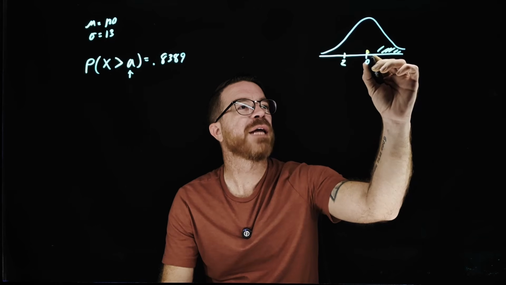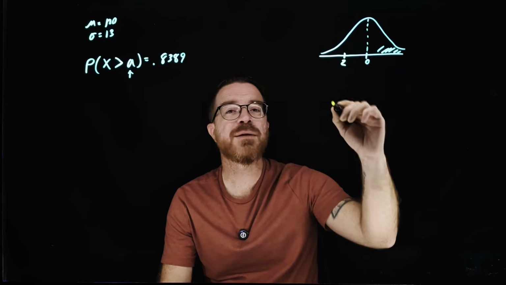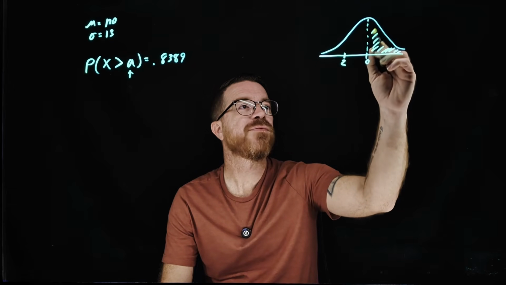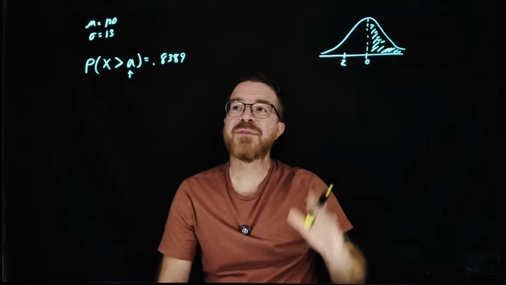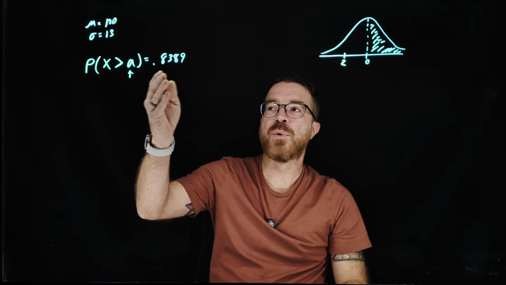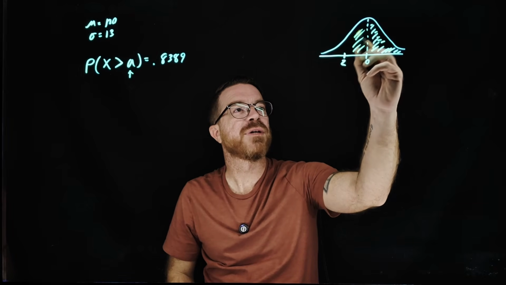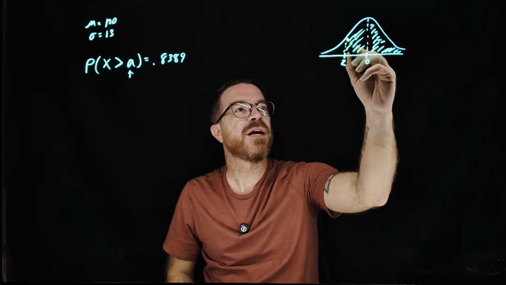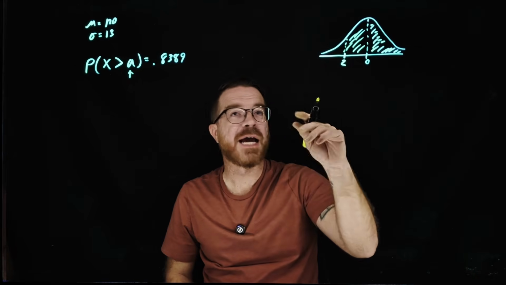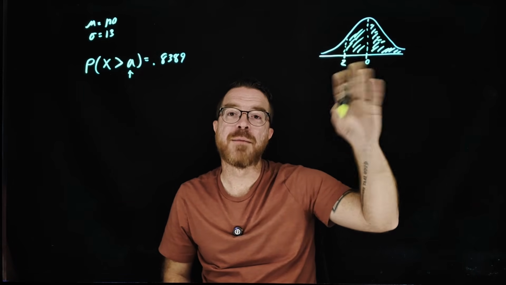And then remember that at 0, this accounts for 0.5 of the data. Well, 0.5 of the data is not big enough for 0.8389, which means that I would then need to continue going to the left until I got to some value of Z on the left which has 0.8389 above it.